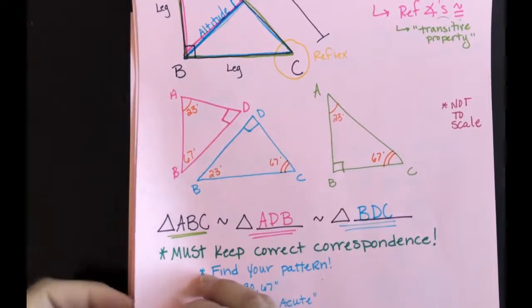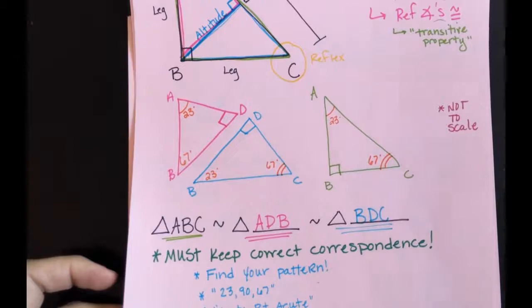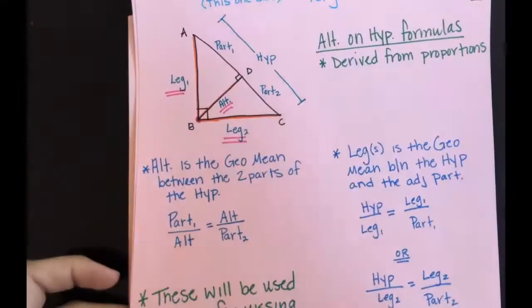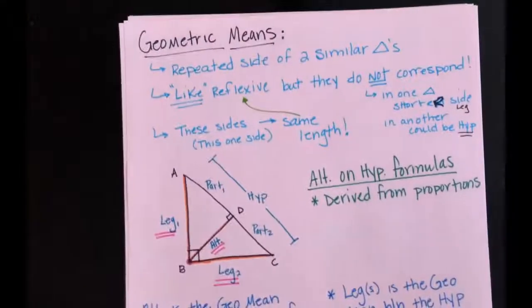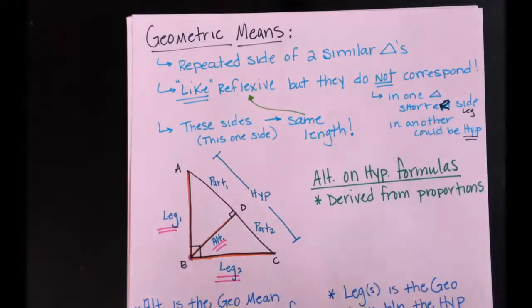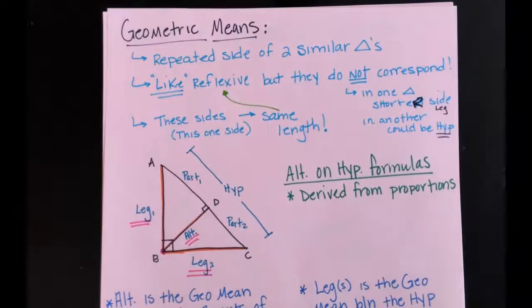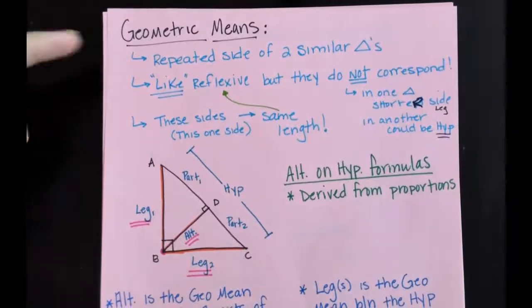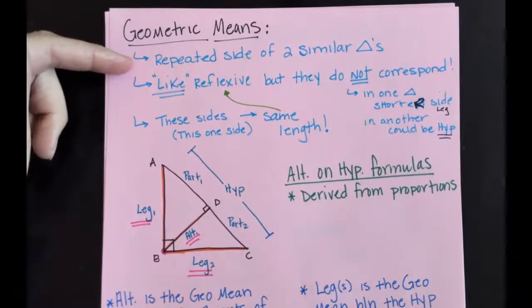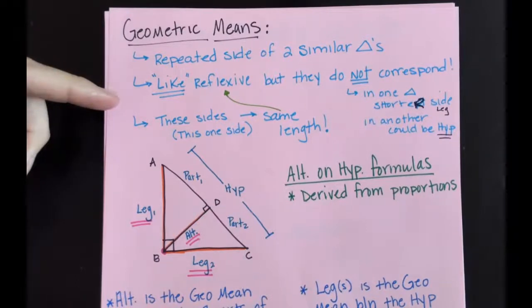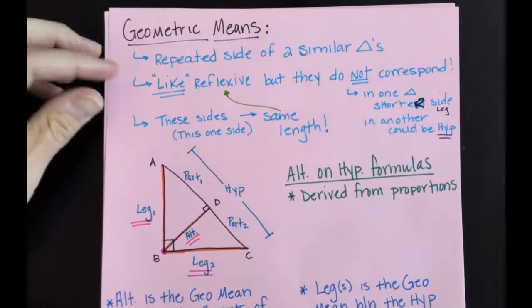We then went into how these similar right triangles help us with what's called a geometric mean. When we talked about the geometric mean, we wanted to know, what is it? It's a repeated side in two similar right triangles, specifically.